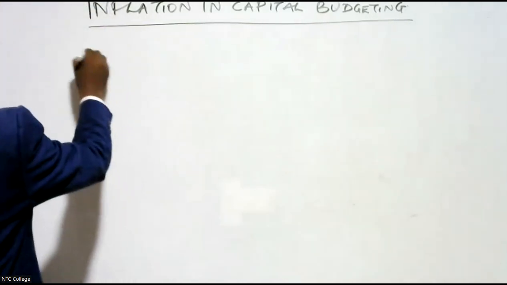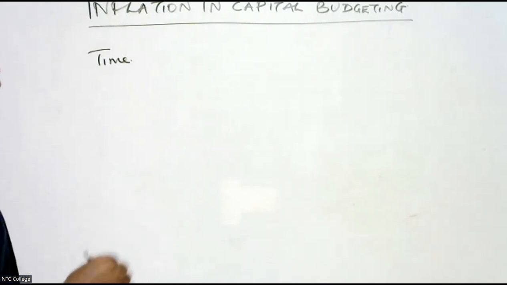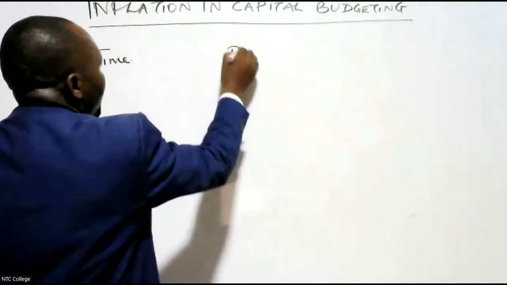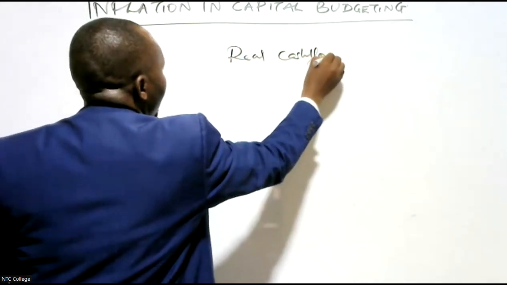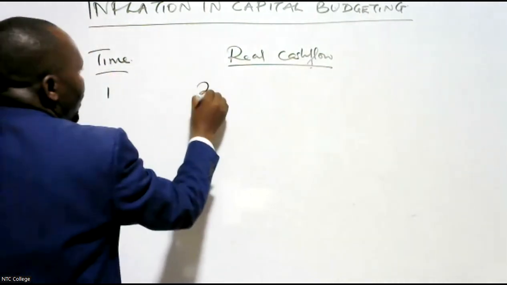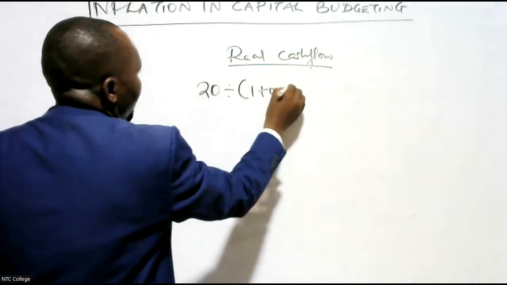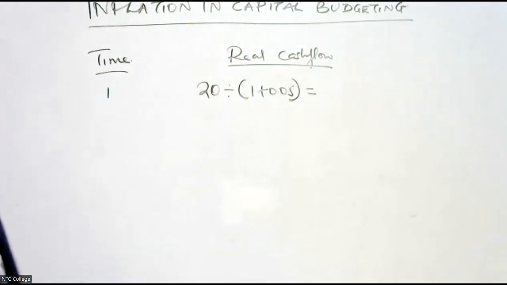So we were having our time. We now want to convert the cash flows from nominal to real. So we have time, and then we have a real cash flow. The first one was 20. So 20, if you divide by 1.05, what do you get? What will now be the real cash flow?